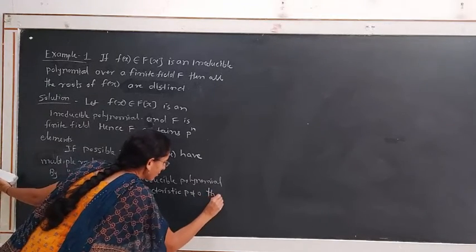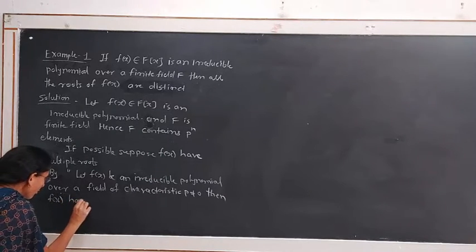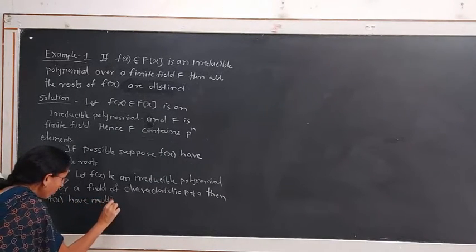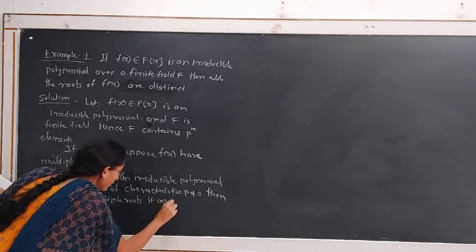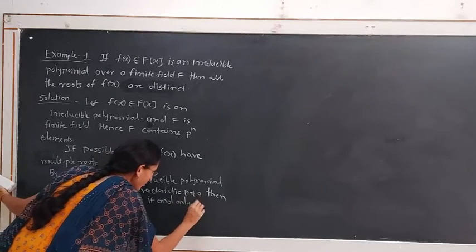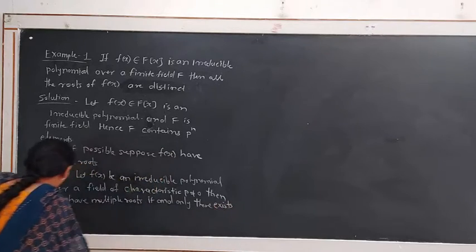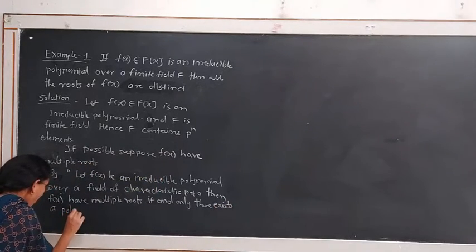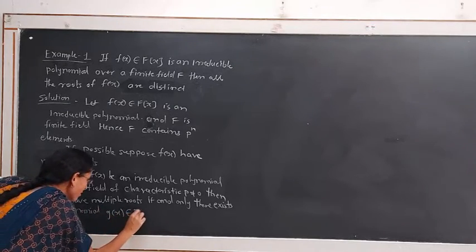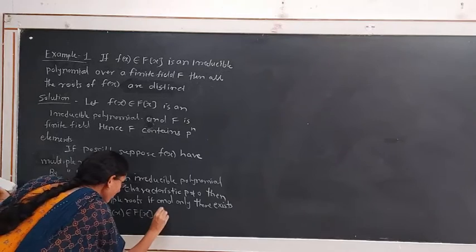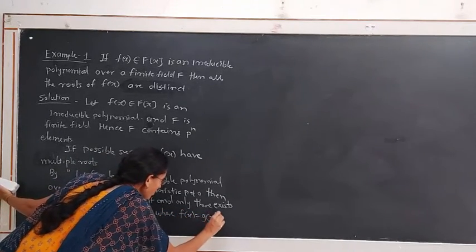Then f(x) has multiple roots if and only if there exists a polynomial g(x) over the same field F[x] where f(x) is equal to g(x) raised to p.